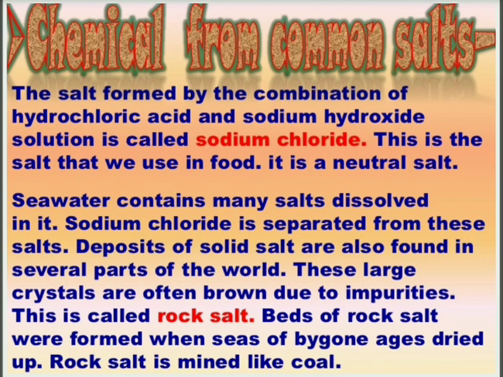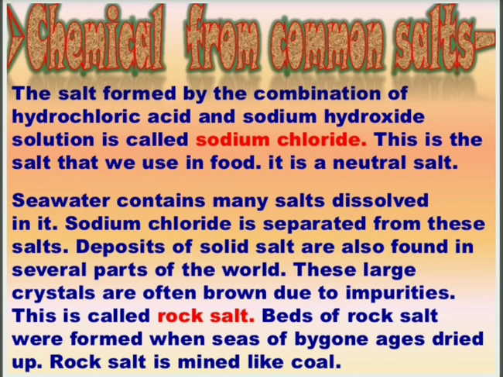As we know, our common salt, that is NaCl, sodium chloride, is formed due to the combination of hydrochloric acid and sodium hydroxide solution. You know that hydrochloric acid, that is HCl, is a strong acid, and sodium hydroxide is also a strong base.